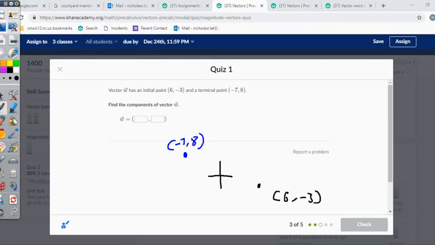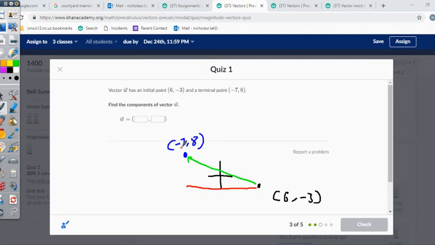So to find the component form of the vector, to find out how much over to the left I go, I can see I'm moving left.